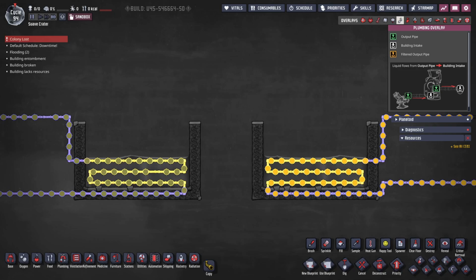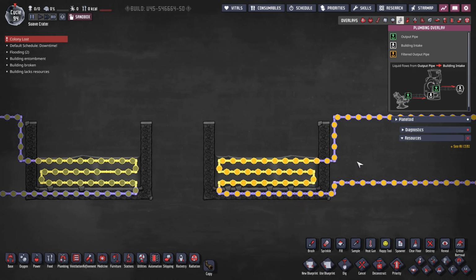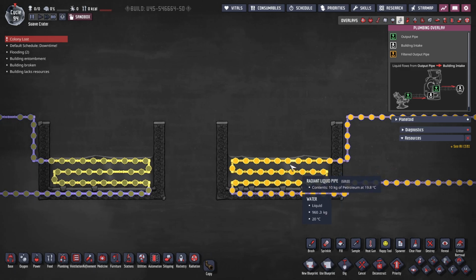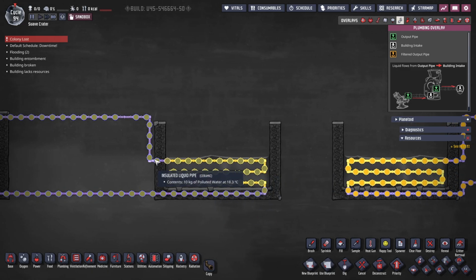We can also see that even if both the polluted water and the petroleum enter at a temperature of more or less 6 degrees, when they leave that cooling area, they don't have the same temperature. The petroleum has a temperature of 19.9 degrees and the polluted water has a temperature of 18.3 degrees, and that's because the polluted water has a higher specific heat capacity, therefore it can absorb more heat with the same amount of water compared to the petroleum.